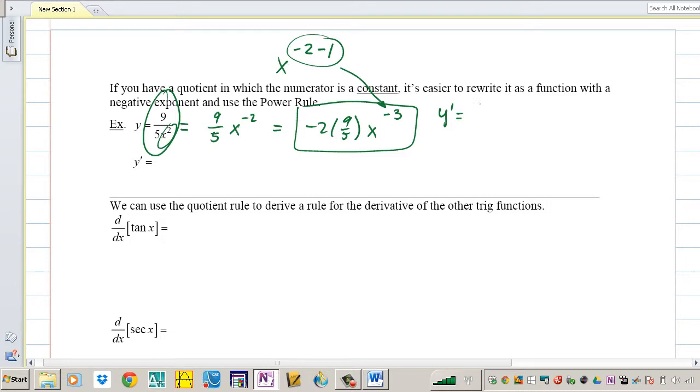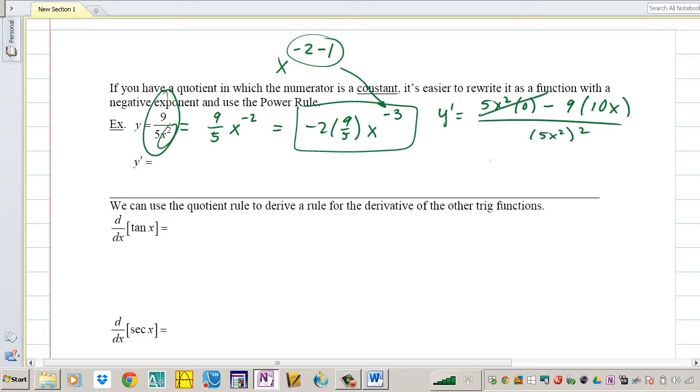It's going to be the bottom times the derivative of the top. The top is 9, so it's 0, minus 9 times the derivative of the bottom, which is 10x, all over the bottom squared.